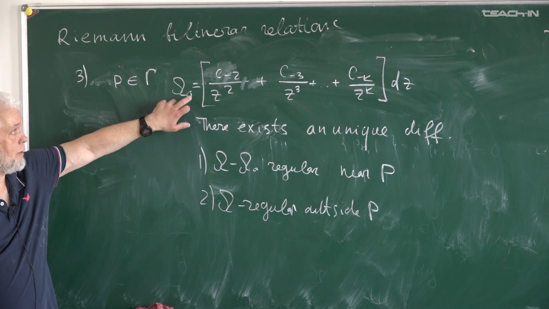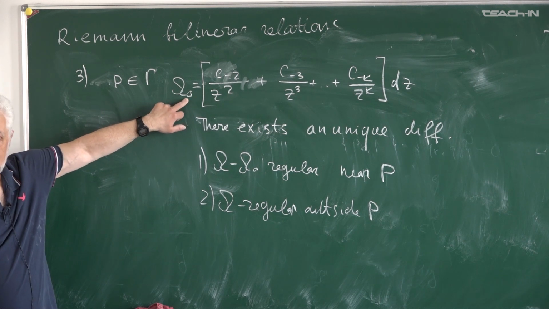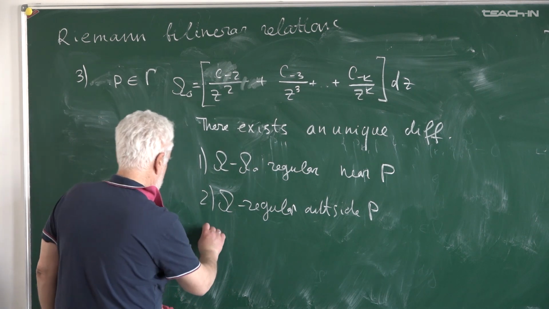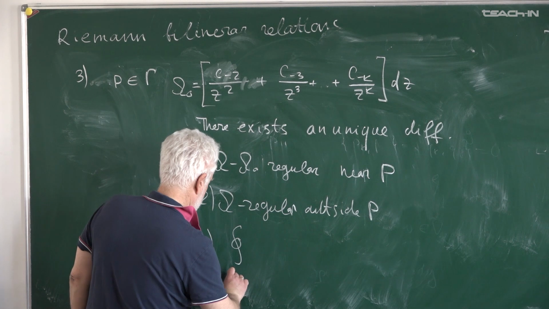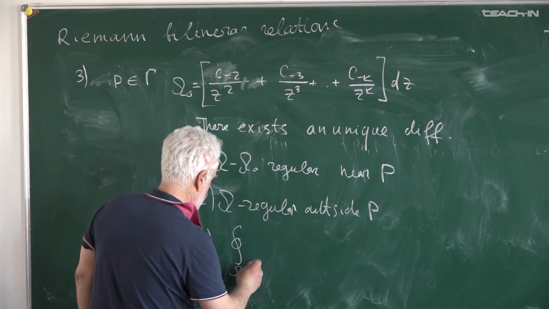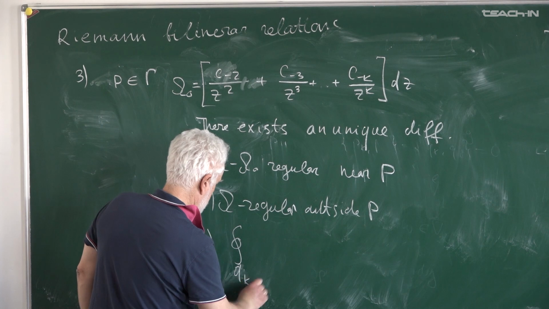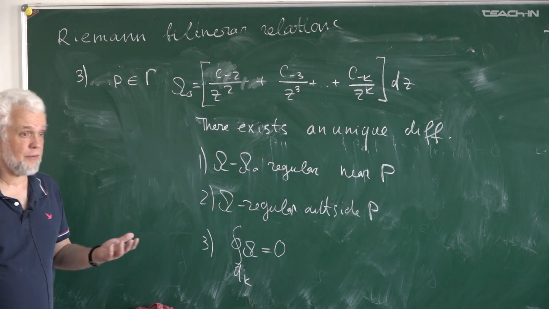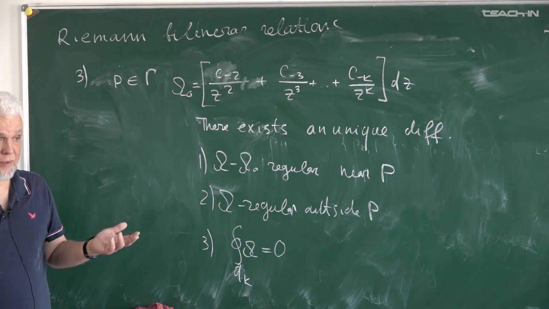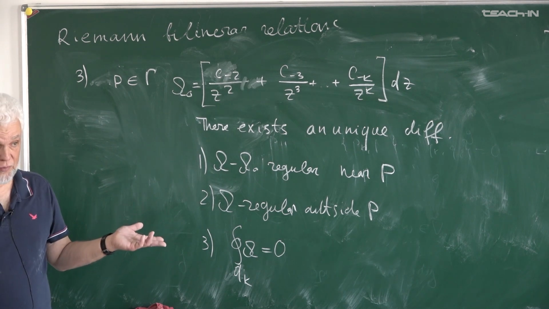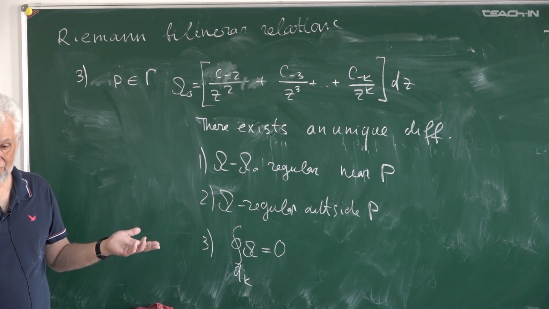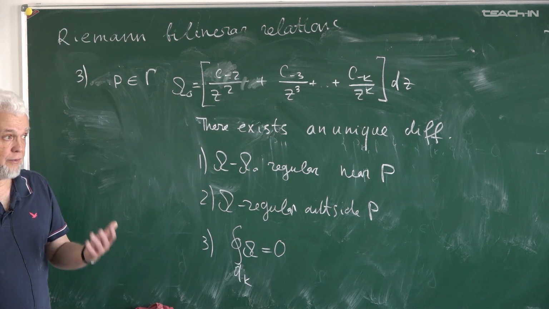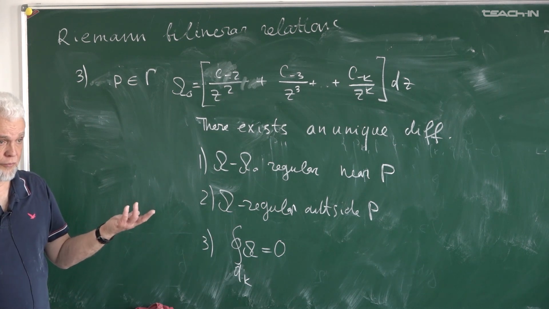Near this point, it has this expansion plus some regular term. And the third statement: you understand that you have a differential. You can add an arbitrary combination of holomorphic differentials to omega. And if you assume that all A periods are 0, then we kill this degree of freedom.